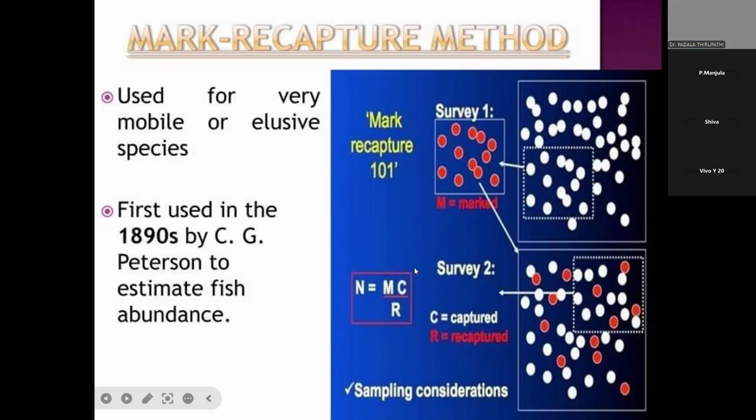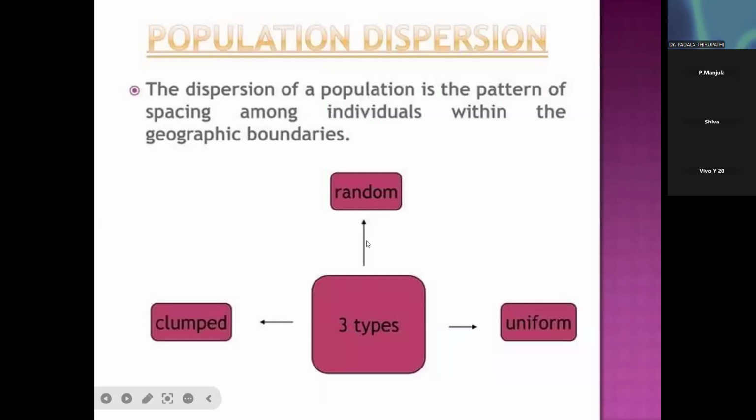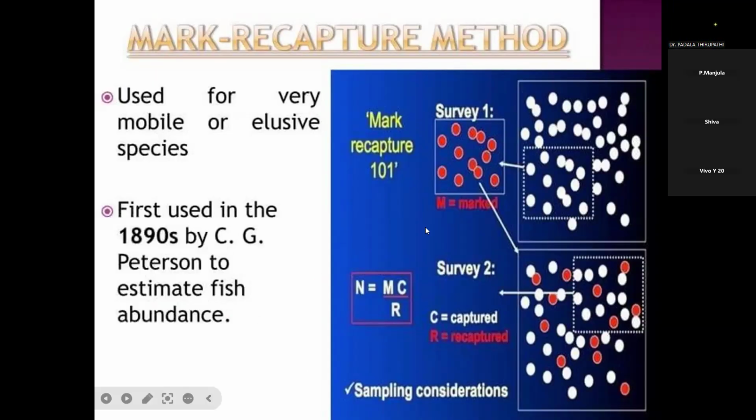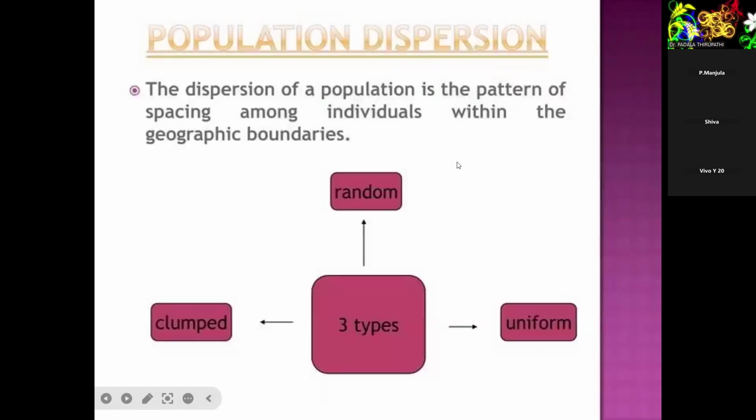In this method, we mark the species by giving some specific marks to them, and then count the number of individuals in that area. We can also count the unmarked and marked individuals like this, so that we can count correctly. Another one is population dispersion.